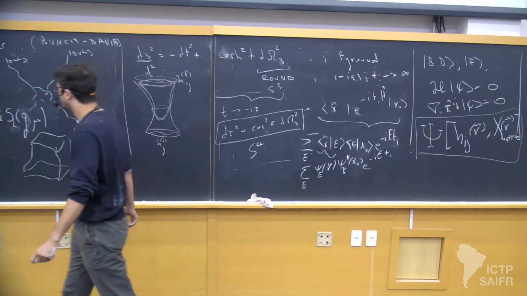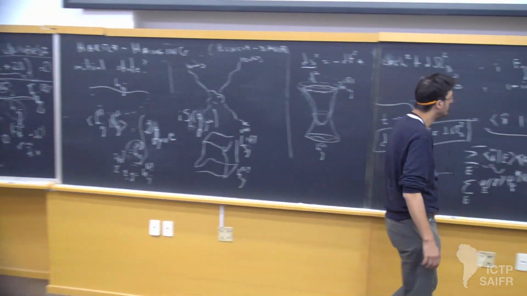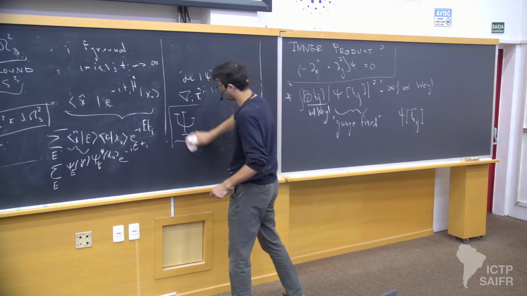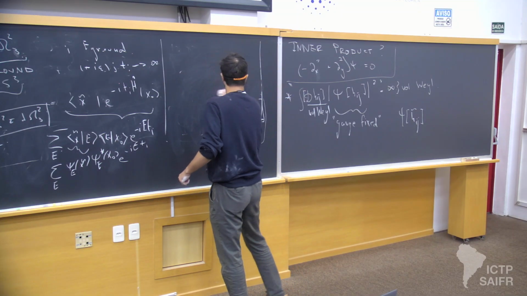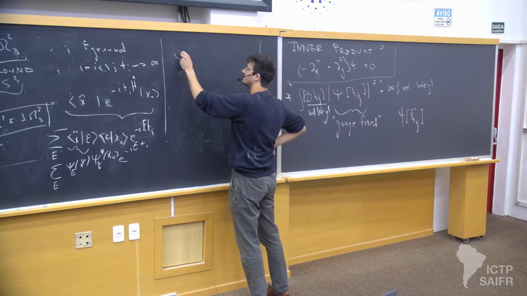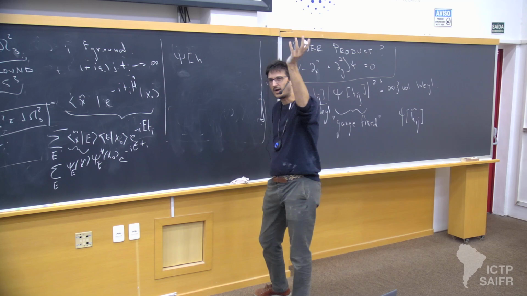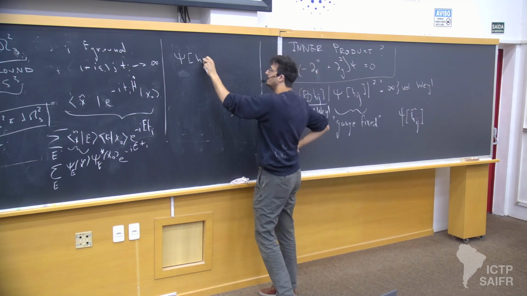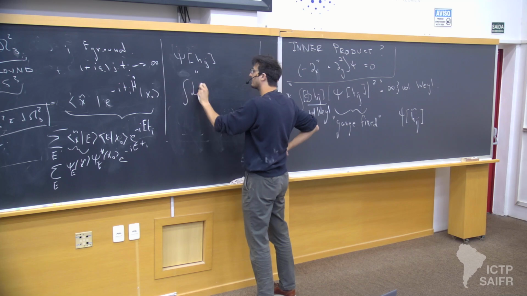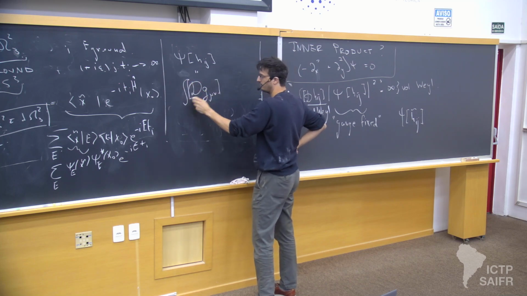And they defined a path integral of the following type, which is, they said, well, inspired by this picture, let's define the gravitational ground state wave function in the following way. Let's take the path integral of all, and this is obviously a very formal expression, and I'll express in what senses it's formal.